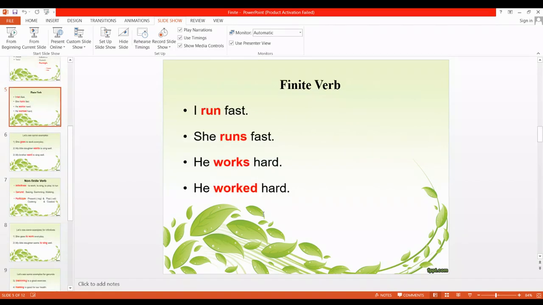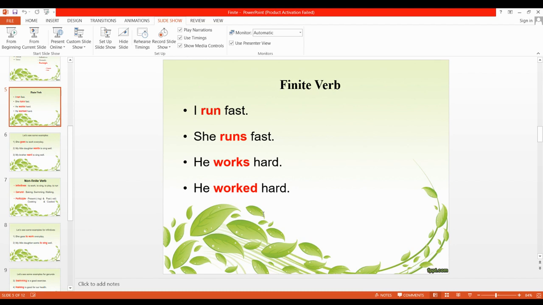Let's see some examples for finite verb. See the first one, I run fast. So already we have seen, right? Because of I, we are just using run. She runs. Because of third person singular, we are adding s to the verb. So run, runs are finite verb. See the third one, he works hard.